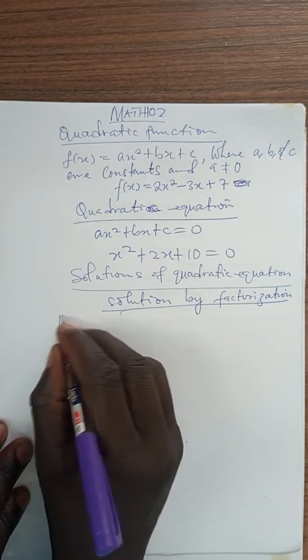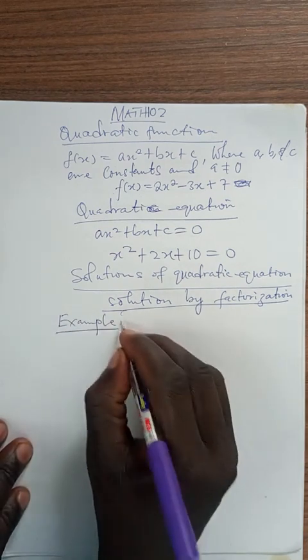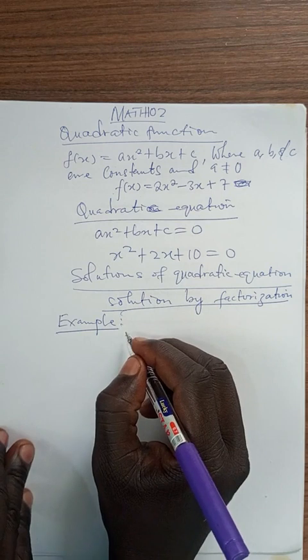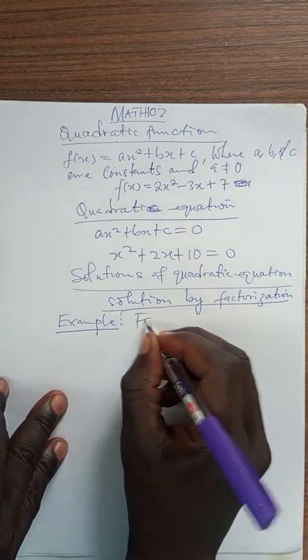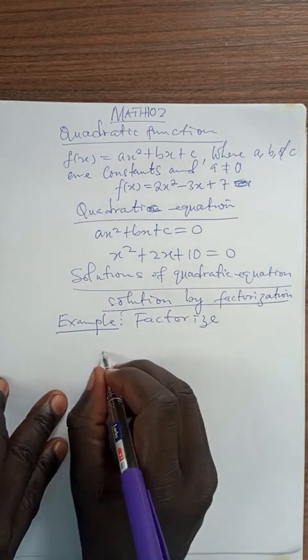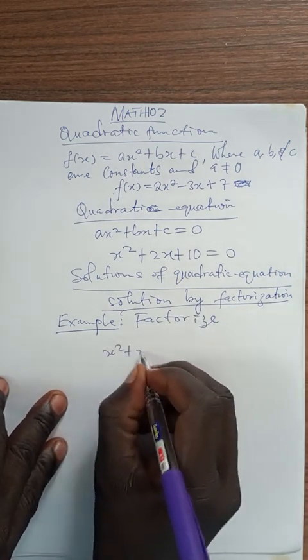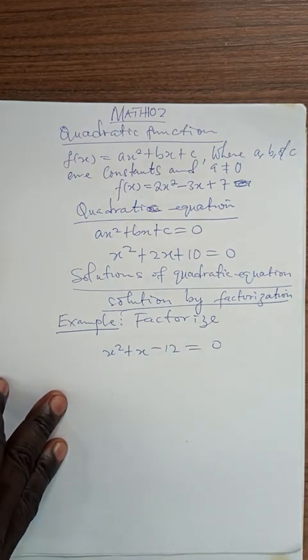We give an example of how to factorize a quadratic equation. Given the quadratic equation to factorize, x squared plus x minus 12 is equal to 0.